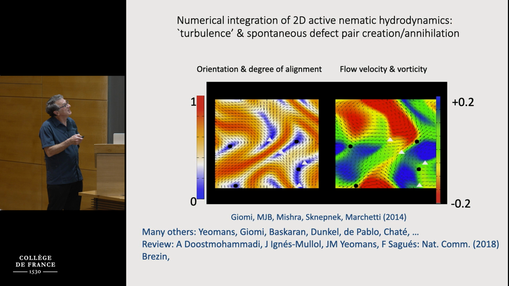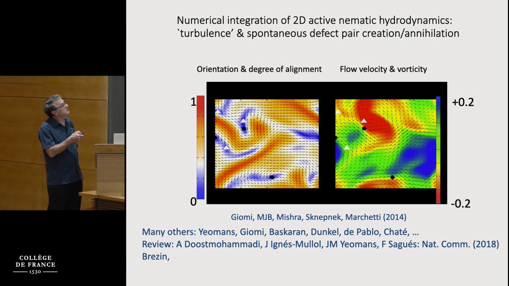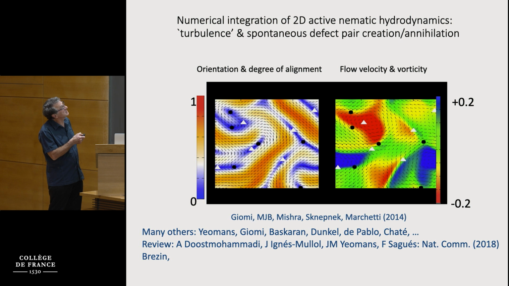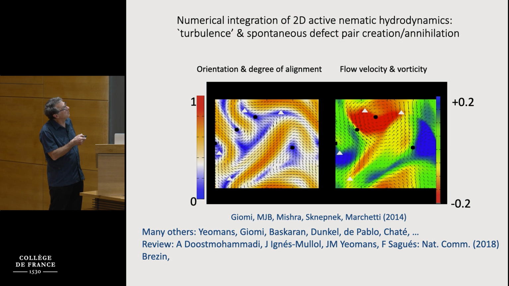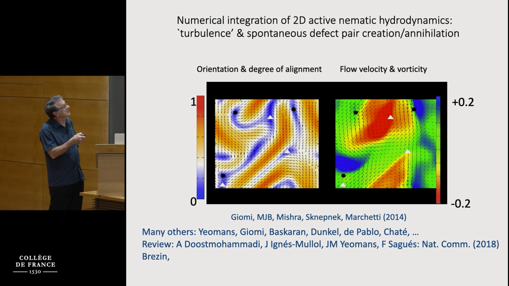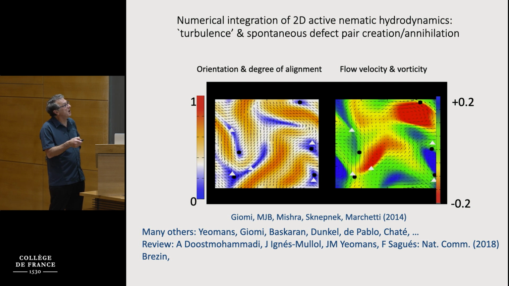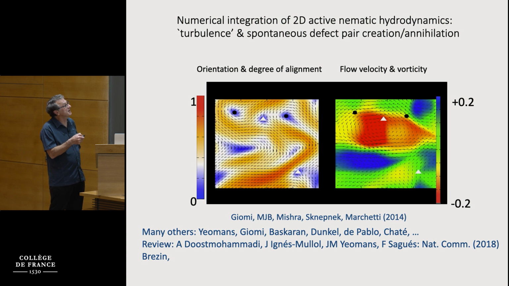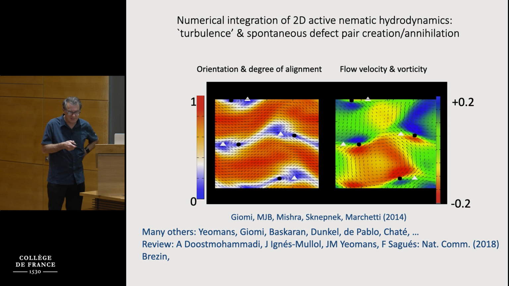Here, this is showing the nematic order. Here's pair creation. See, you follow along, and here a +1/2 and -1/2 pair is created, moves apart. But what creates these nematic defects? If you look at the active flow, fluid flow induced by defects acting on the nematic texture, you get fluid vortices.